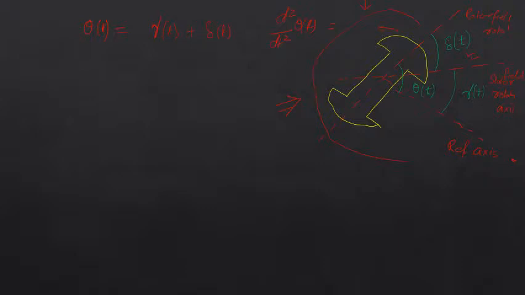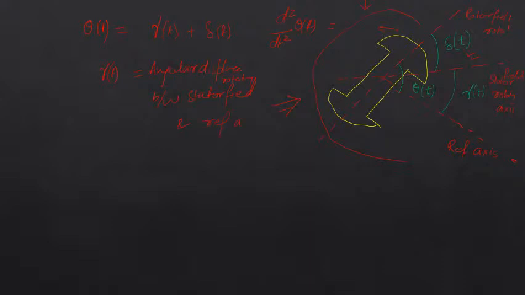Now what is gamma t? Gamma t is the angular displacement between the stator rotating field and the reference axis.